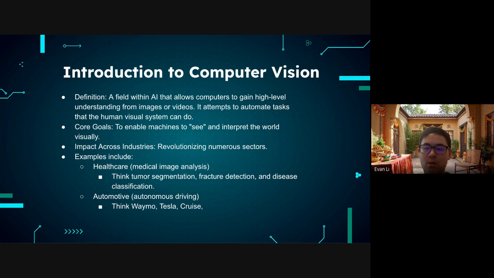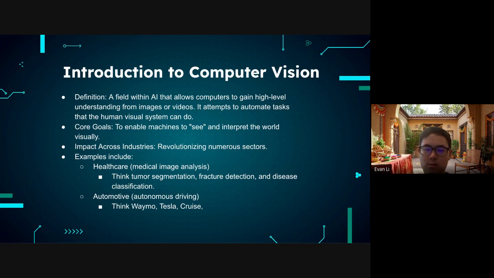The primary goal is to automate and surpass tasks that the human visual system effortlessly performs, such as recognizing objects, discerning scenes, tracking motion, and even understanding emotions conveyed through facial expression. This capability is not just theoretical.